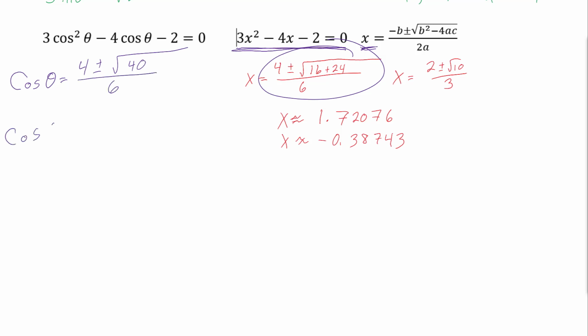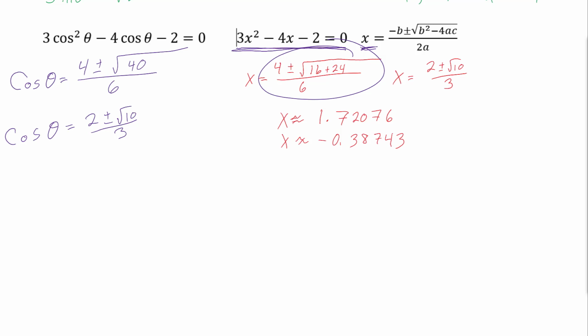So cosine of theta is going to equal 2 plus or minus the square root of 10 over 3. And as I said, we're going to need to plug this into a calculator because we don't know an angle with this cosine value. It just isn't one of the values that we've learned on our unit circle.